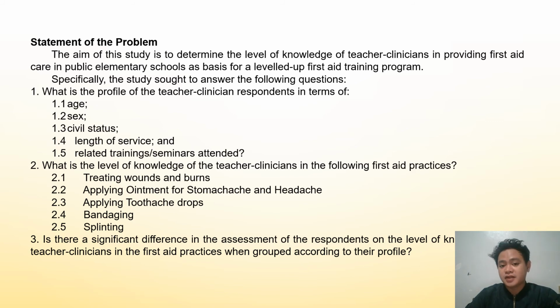Take note, since the purpose is to look for the significant differences, we have to consider that. And for number 3, as I said earlier, our purpose is the significant differences. And then number 2, the samples we have when grouped according to their profile. Okay? And then of course, number 1 is the level of measurement of our data.